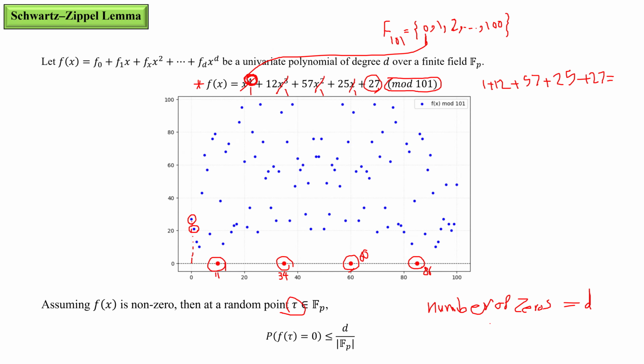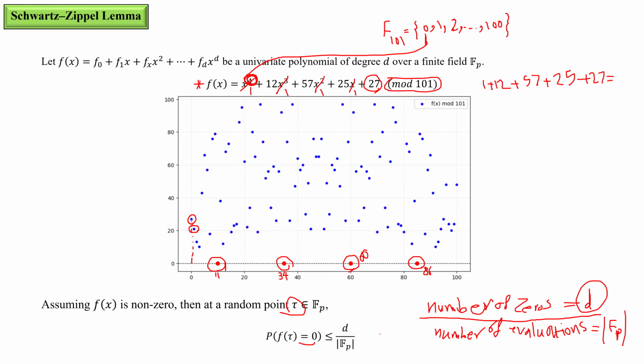So this means that the probability of the polynomial equaling 0 should equal the number of zeros, which is d, over the number of all evaluations. So the number of zeros equals d, and the number of all evaluations equals the size of the field, right?